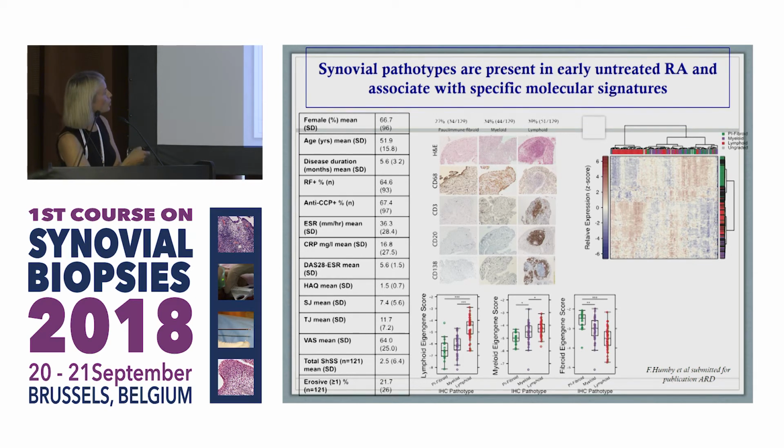And our observations from this are that these patients generally group into one of three pathotypes, so these distinct groupings of infiltrate of immune cells, which are again associated with specific molecular profiles.